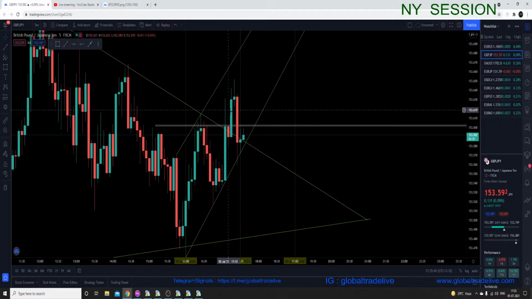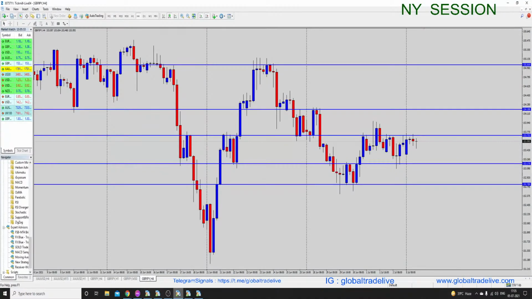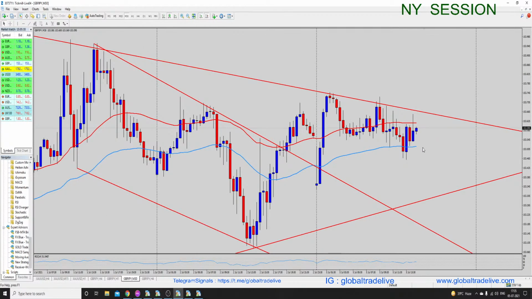So this can be a possible fake out, and if the current 5-minute candle breaks the low of the previous 5-minute candle here, then it can really reject the area to go down. But I'll still wait for this 30-minute candle to break this low over here.